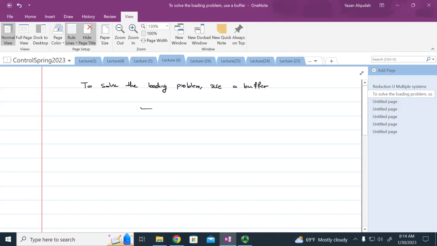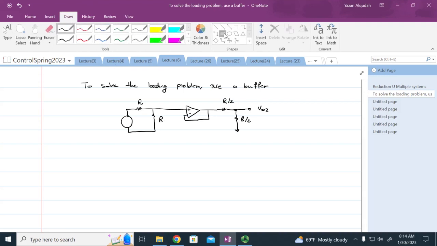And therefore, we can combine the circuits like this. This is an R, this is an R, and then I'm going to take R over 2, R over 2, and this is V output 2. In this case, what is the equivalent between V input and V output?